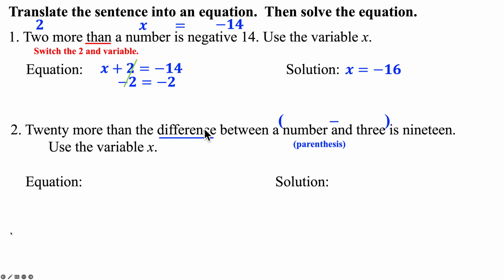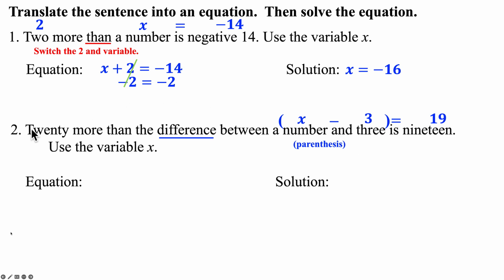Remember, if it said sum, it would be a plus sign. If it said product, it would be a multiplication. If it said quotient, it would be division. So to the left of the word and is a number. That's our x. To the right of the word and is 3. The verb is, that's our equal sign, and 19 is what it will be equal to.